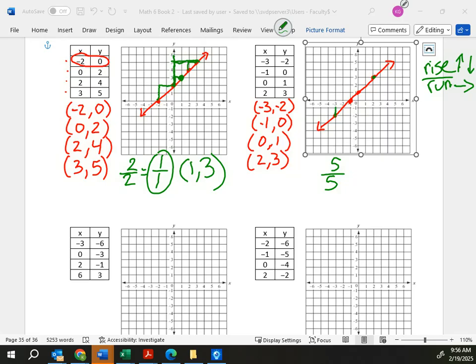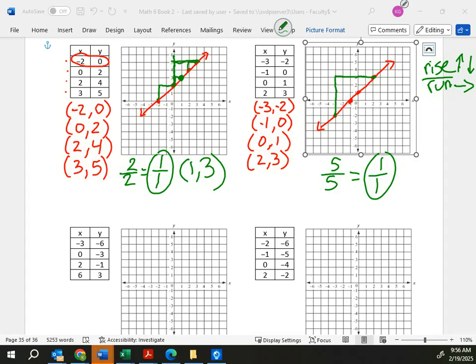So we go up 1, 2, 3, 4, 5. Then we go to the right. 1, 2, 3, 4, 5. That is our slope. But what do we need to do to that slope, Lila? We're going to simplify it down. So what would my simplified slope be? 1 over 1. That's a much easier slope for us to work with.